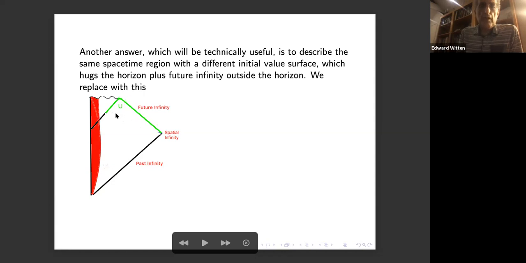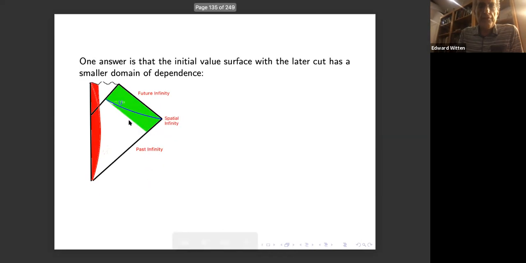And you can see that the space-time region, where you could predict everything from a knowledge of what there is here, is exactly the same as before, because anything in this wedge traveling slower than light will end up passing through either this part of the horizon or else future infinity. So if you know what there is on future infinity and in this part of the horizon, you'd know the physics in the whole green wedge.